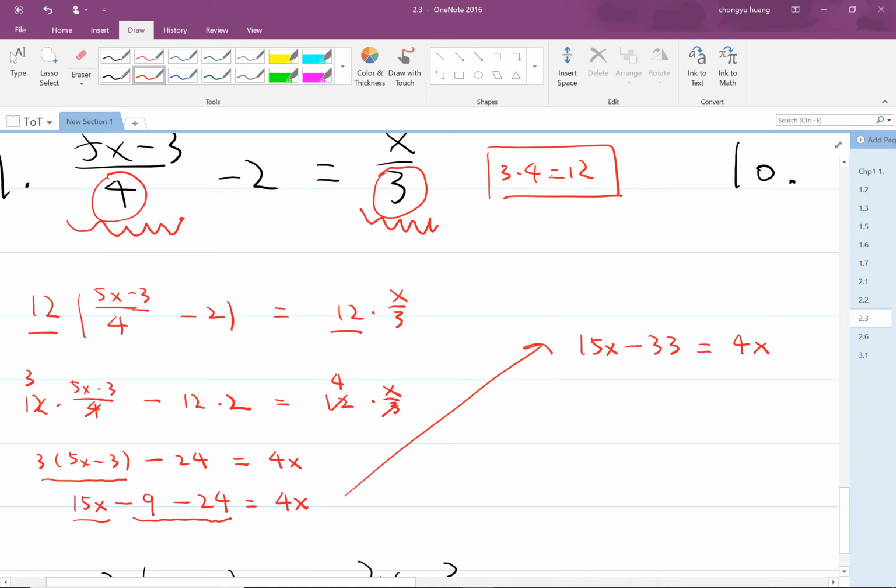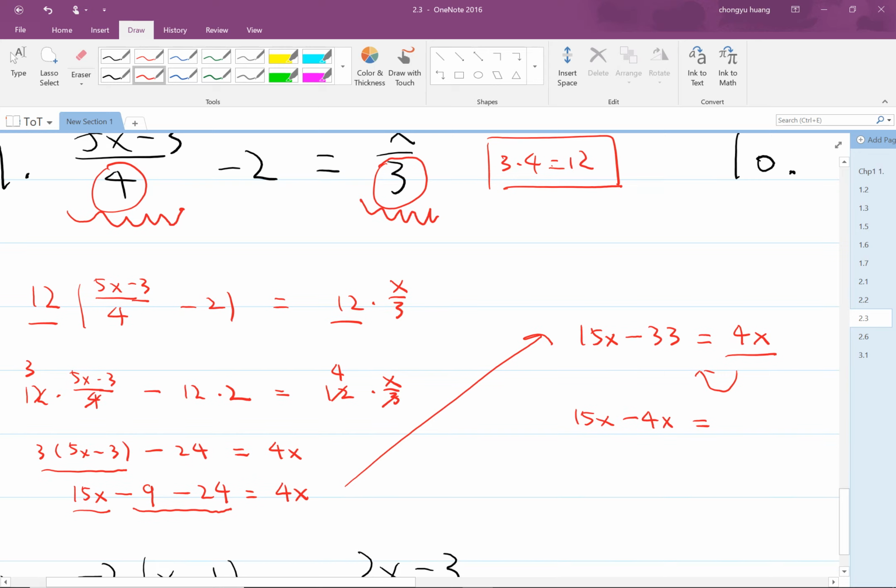And then right now we have to move 4x to the other side. So it becomes negative 4x, equal to, and we have to move the integer to the other side, so negative 33 becomes positive 33.